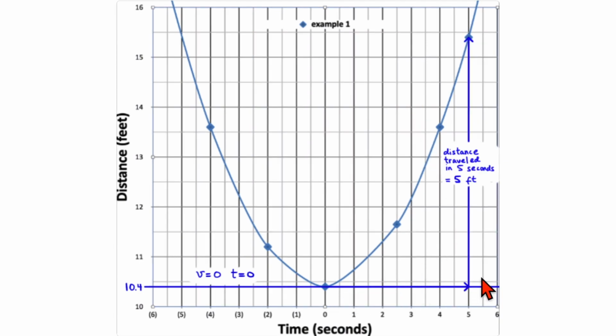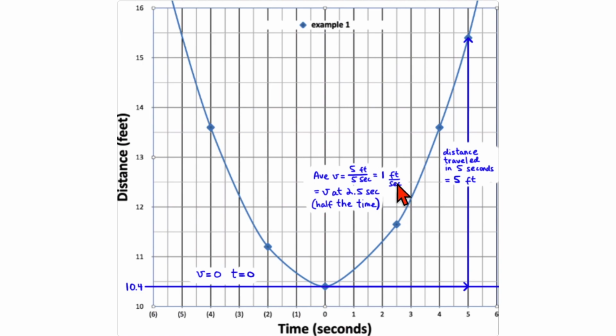So 5 seconds. The distance traveled in 5 seconds is 5 feet. So that's an average velocity of 1 foot per second. So 5 feet divided by 5 seconds is 1 foot per second. So if you go out half the time interval, so 2.5 seconds, the instantaneous velocity has to be that same 1 foot per second.